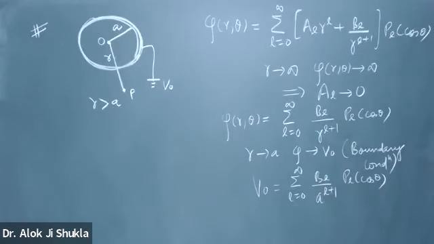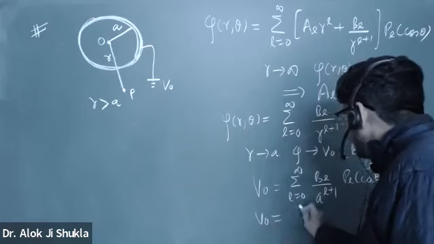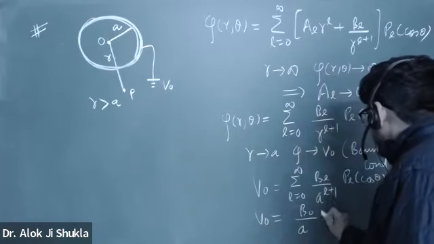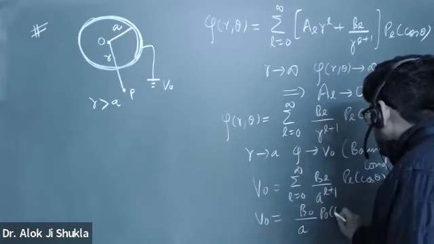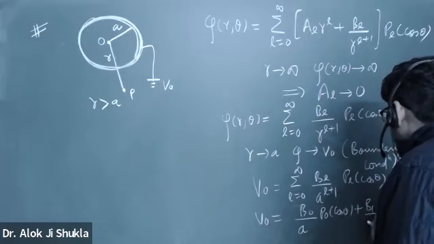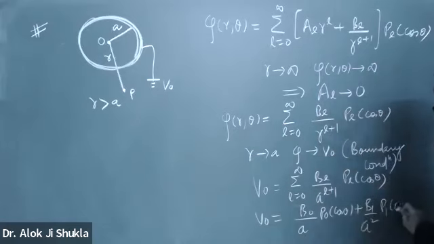Can I write it like this? Yes. So now this will become V naught is equal to B naught upon A P naught cos theta plus B1 upon A square P1 cos theta plus dash dash dash.